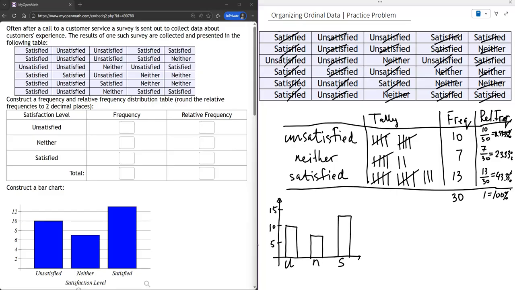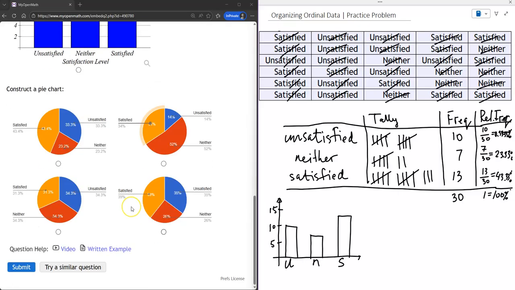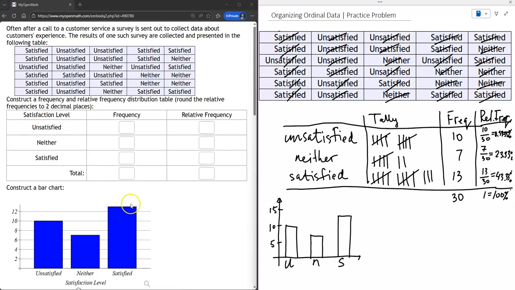Now, are we asked to find the pie chart? Yes. To construct a pie chart, we draw a full circle, and then we divide it according to these percentages. So roughly half, this is roughly 43.3%, will be satisfied.